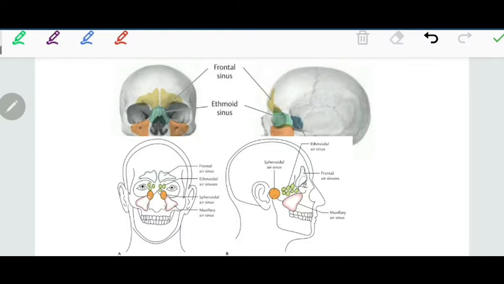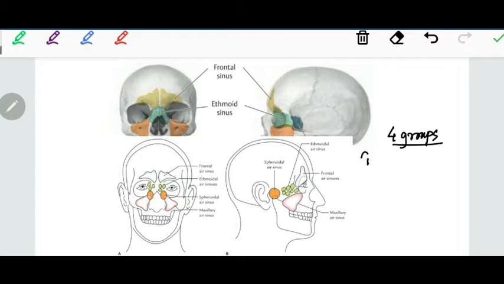Now, there are four types of paranasal air sinuses, four groups of them on either side, and they are named after the bones containing them. So, there are four groups located in four different bones. What are the bones?